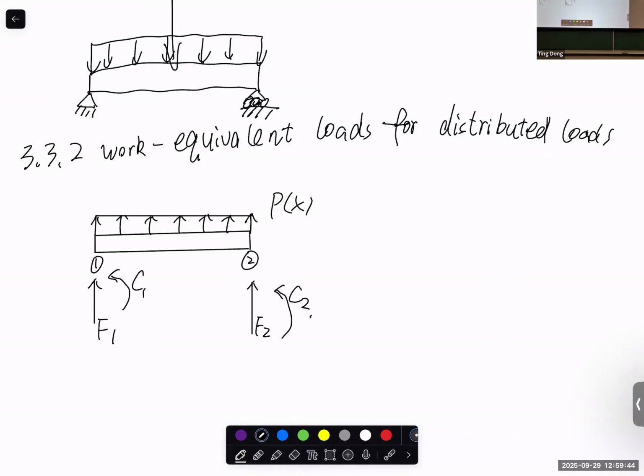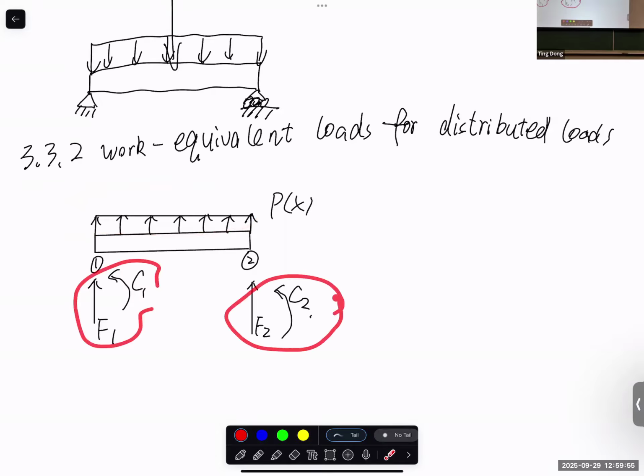So in a general situation, we just put everything into the equation. Basically, we need to find an expression of the work done by this distributed force, and another expression of the work done by these equivalent nodal forces. If F and C are two forces, then it's 4, right?